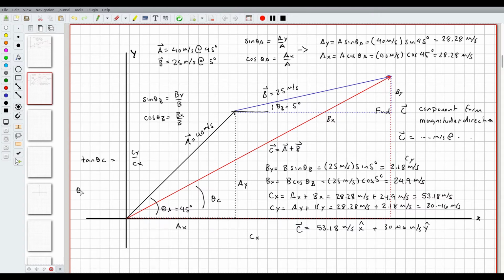So again, theta sub C is the inverse tangent of the y part over the x part. The y part was 30.46. The x part, 53.18. And when you actually do that, you're going to get 29.8 degrees.